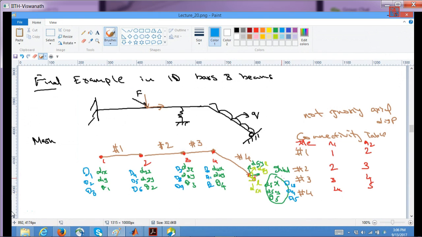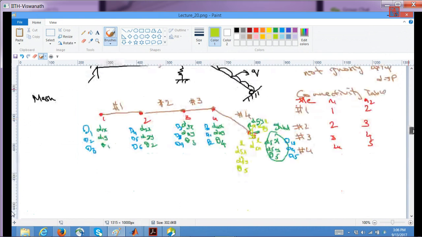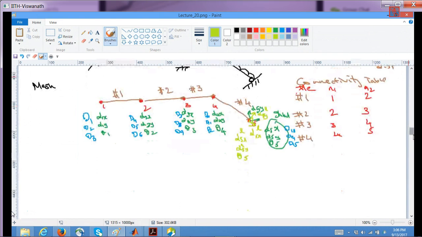Even though I started with a local coordinate system here, which is nothing but d phi x local, d phi y local, and theta phi, the rotation is the same in local and global. So these are the degrees of freedom I would like to use. With this discretization, I would try to develop my finite element method.